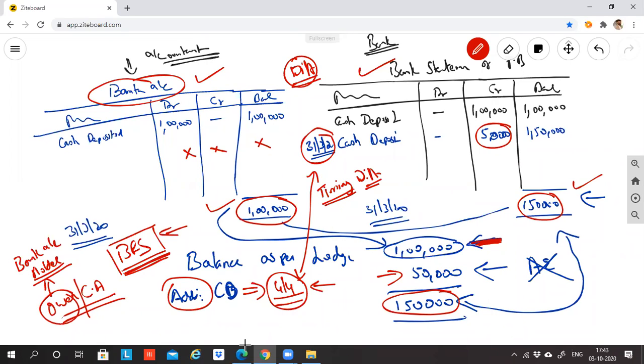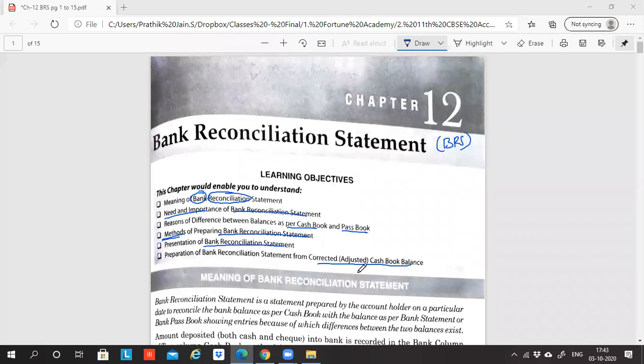Because let's say if I have a bank account in HDFC, I'm the account holder of HDFC. I'm holding an account in HDFC, so I become the account holder. Yes or no? So this is a document that is prepared by the bank account holder. It can be the owner who himself is preparing it or the accountant of the owner preparing it. Are we clear with this point, guys? Yes, sir.